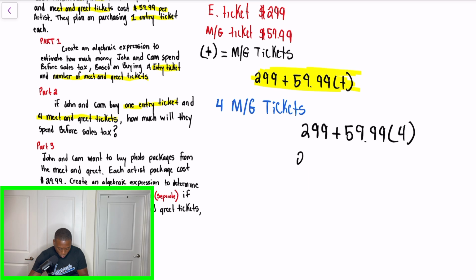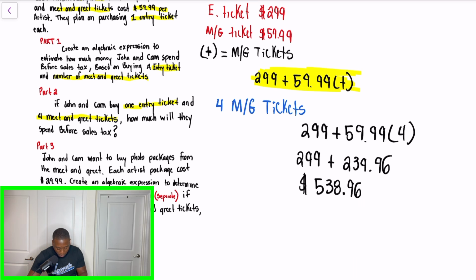Once we do, we get 299 plus 239.96. When we add these two together to get our final answer, we know that the price of one entry ticket and 4 meet and greet tickets will be $538.96. And let's just double check our math real quick to make sure.